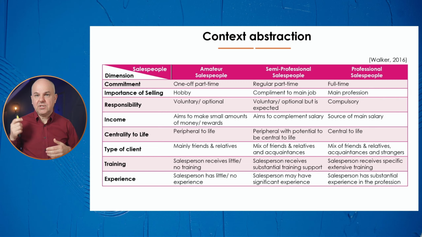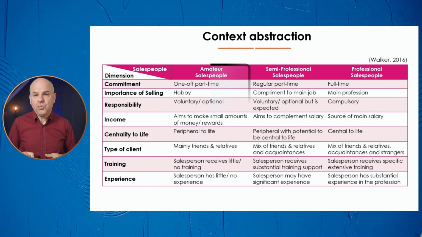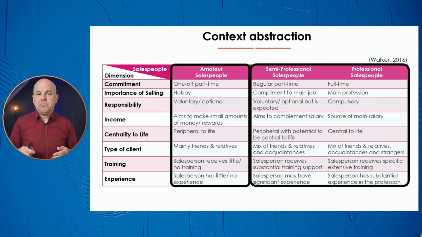You've got amateur, semi-professional, and professional salespeople. And you compare these three types across a number of dimensions, which are in themselves abstract. And what you end up with is a profile of each type of salespeople.